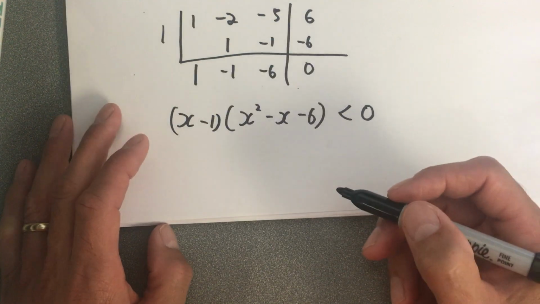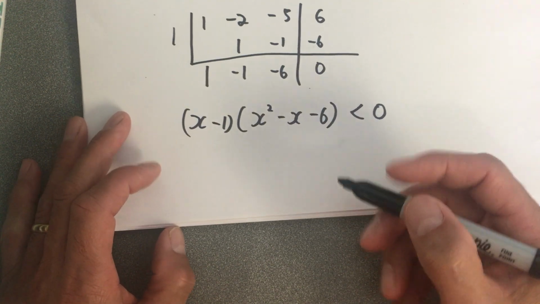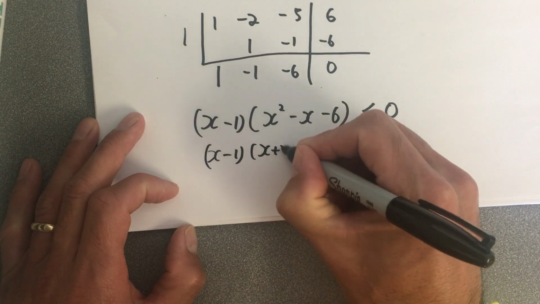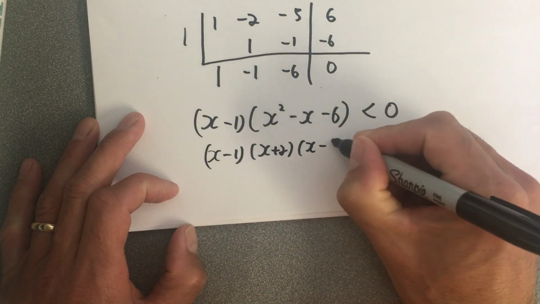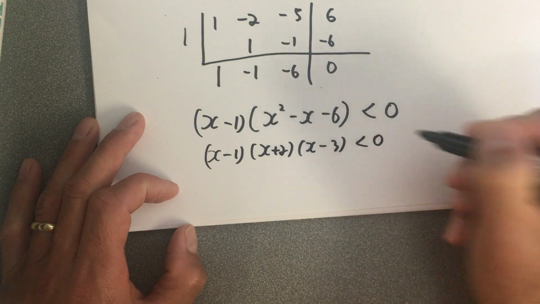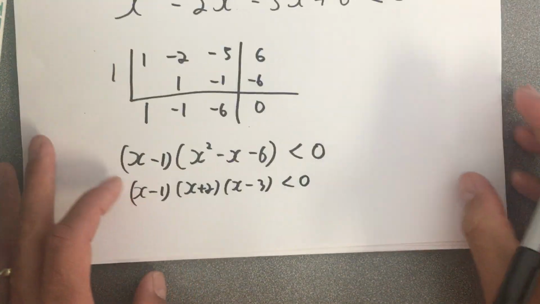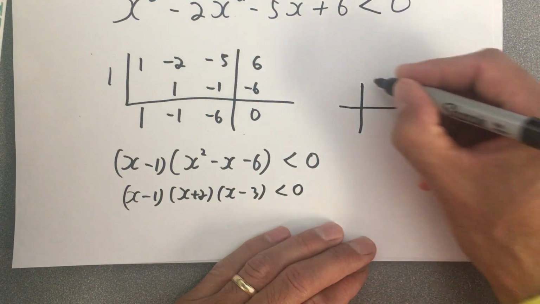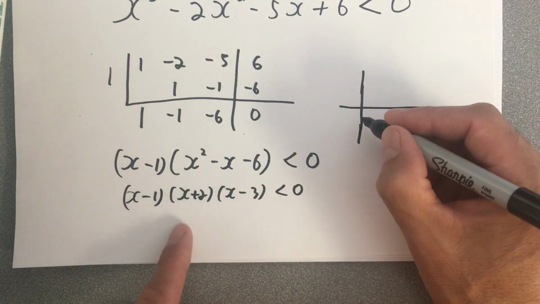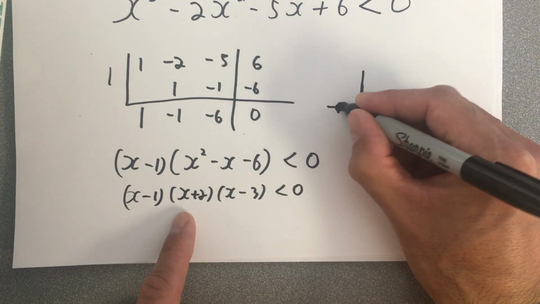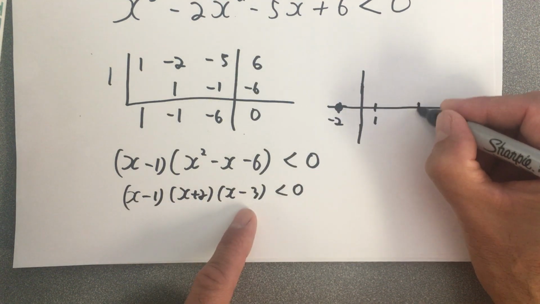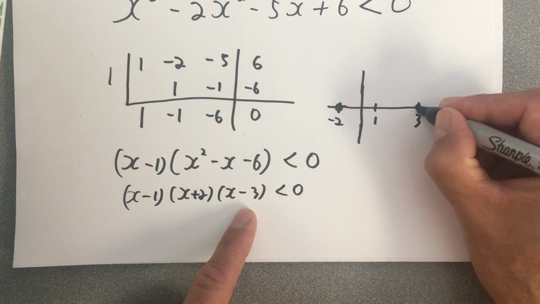So that's going to be negative 3 and positive 2. So all of that is less than 0, which means I've got a third order polynomial with roots at negative 2, positive 1, and positive 3.